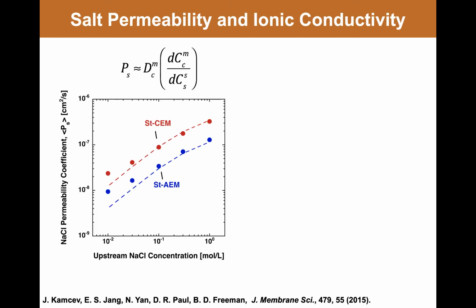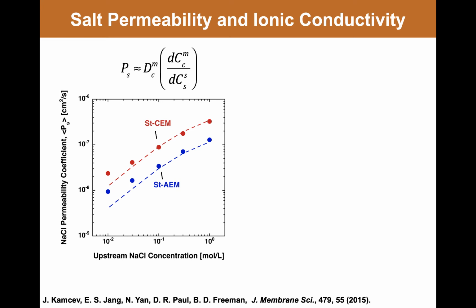And now we're going to wrap this discussion up, and we come back to our data that I had shown you earlier: the permeability coefficient of sodium chloride through cation and anion exchange membranes as a function of upstream salt concentration. Now the dashed lines that are shown here are purely predictive.